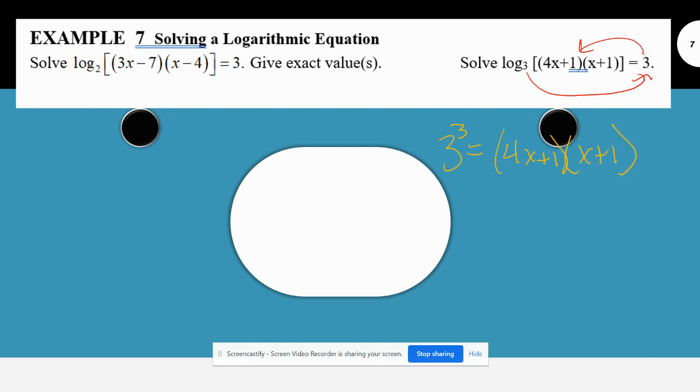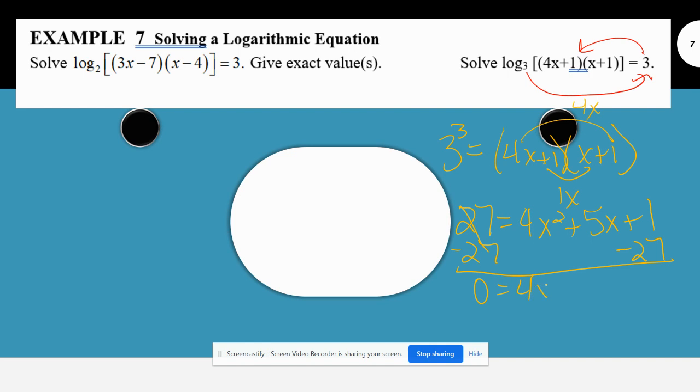We've got to FOIL, distribute, however you love multiplying on the right. 3 to the third is 27. We have 4x squared plus 5x plus 1. We will subtract the 27 over: 0 is equal to 4x squared plus 5x minus 26.